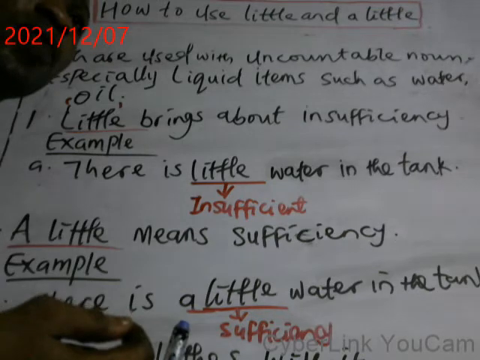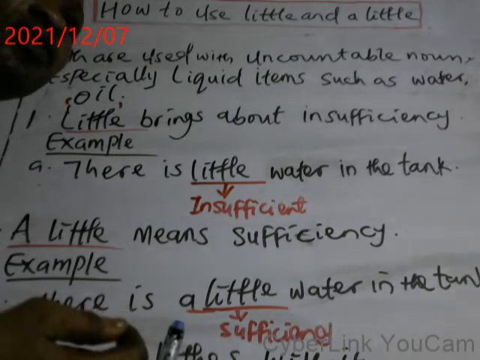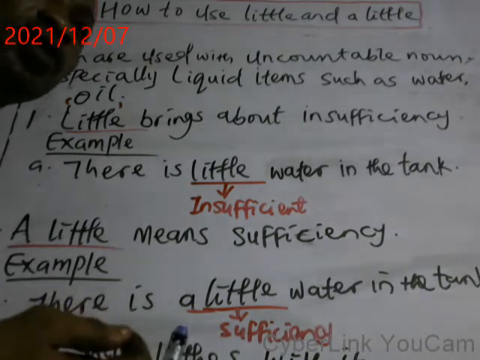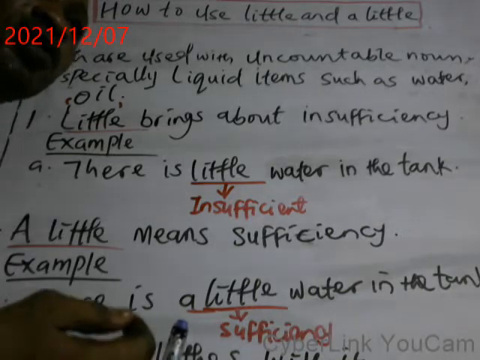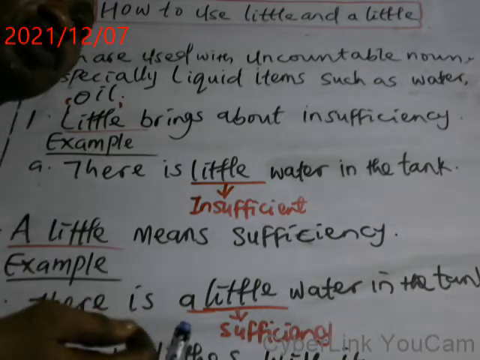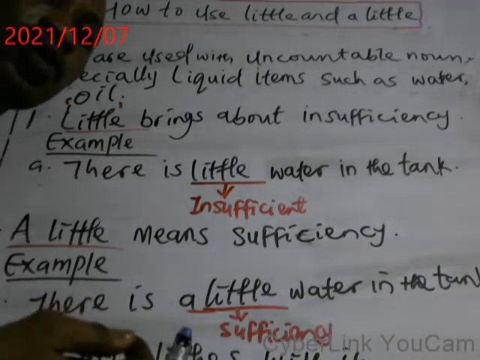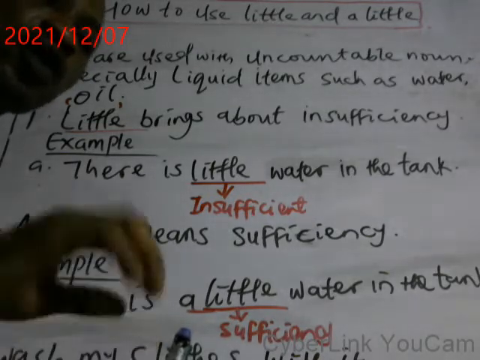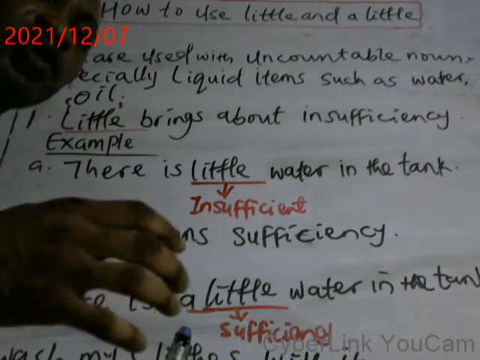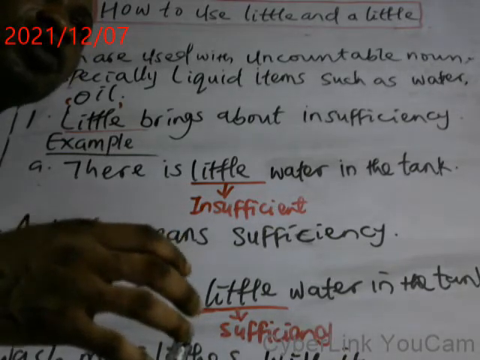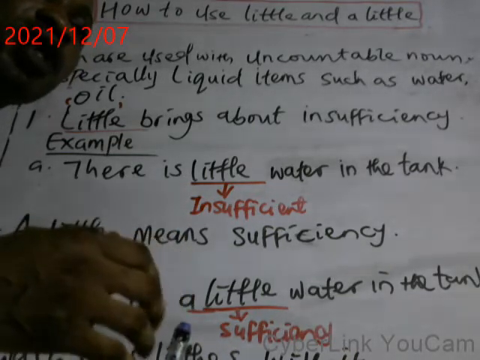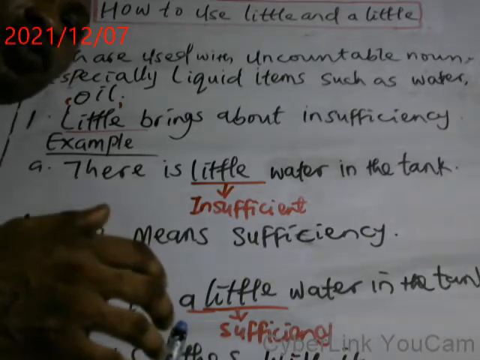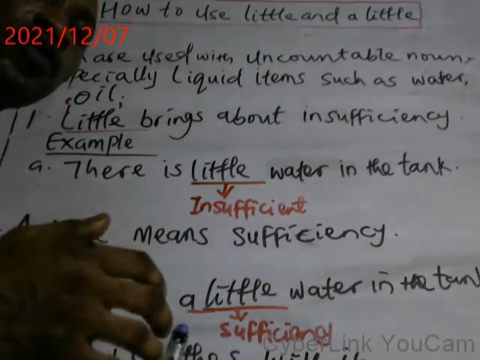That is, that particular noun which you cannot count is enough, sufficient, adequate for what you need. So when you have a liquid content that is not enough, not up to the quantity that you want, make use of little.